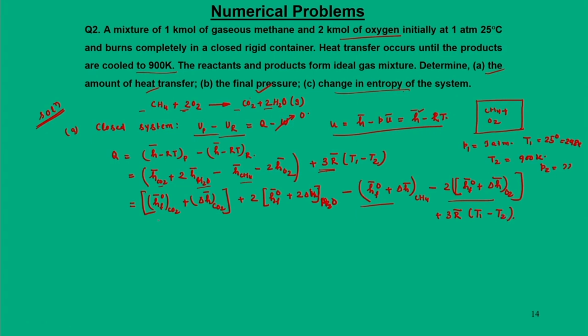Now here we need to try to see which needs to be ignored. Oxygen is a stable component, so HFO is ignored. Delta H is also ignored everywhere except CH4, because the reactants and products are at the same initial temperatures, CH4 and O2. Then what is not known is this.